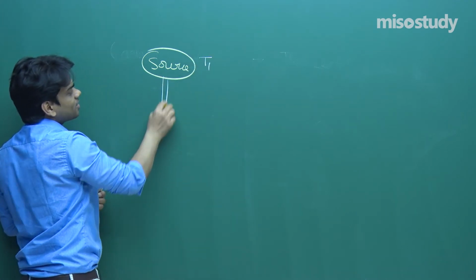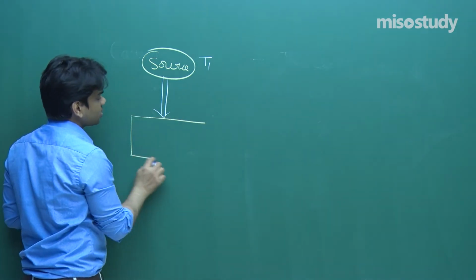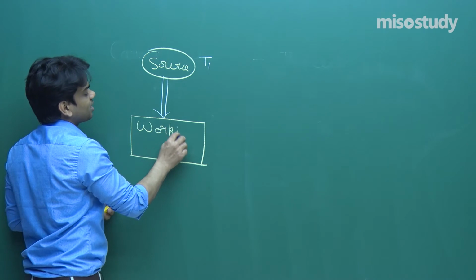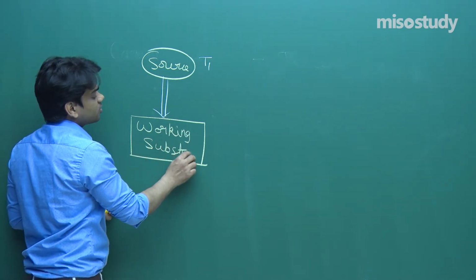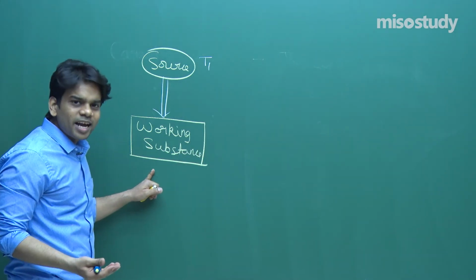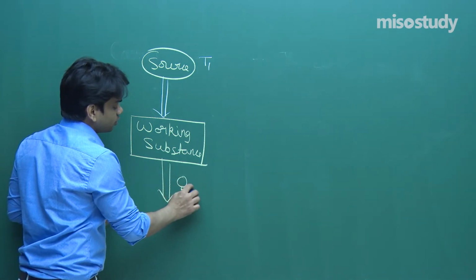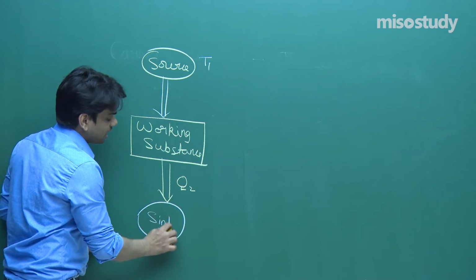It supplied a certain amount of heat to a working substance. You must know about the working substance, that is the gaseous system that we have taken. This working substance did some amount of work, and then it rejected some amount of heat energy to the sink. This is what we have learned in the last class.